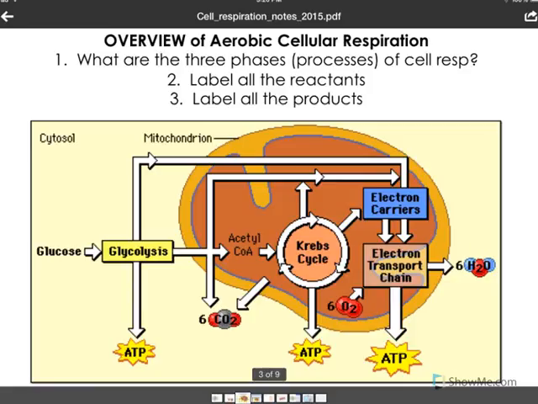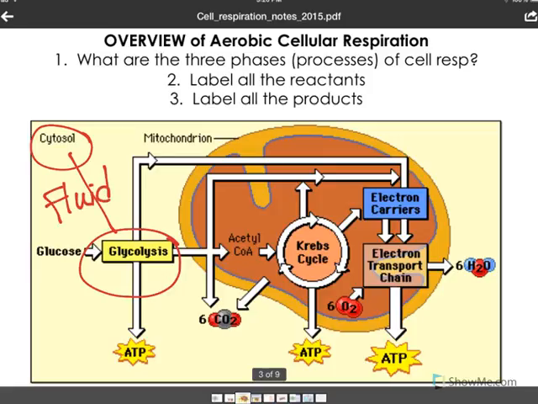So the last part to take a look at is where these 3 phases actually occur. So glycolysis, that's the easy one. Glycolysis is occurring actually outside of the mitochondria, and it's happening inside the cytoplasm, or the cytosol, which is the fluid. So the first part doesn't even happen inside the mitochondria.